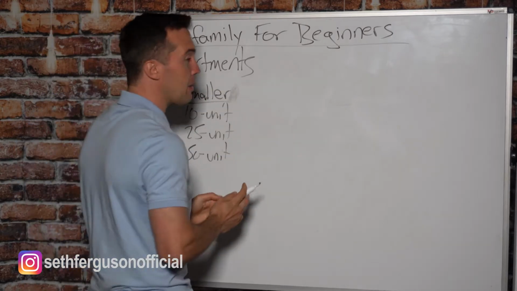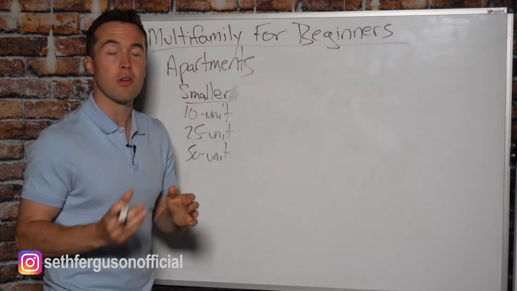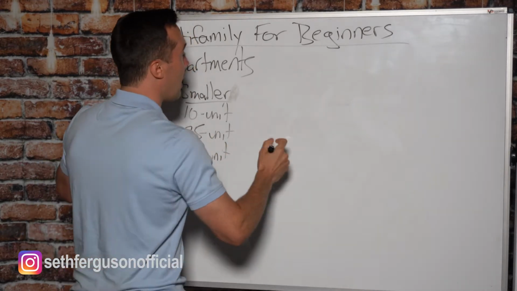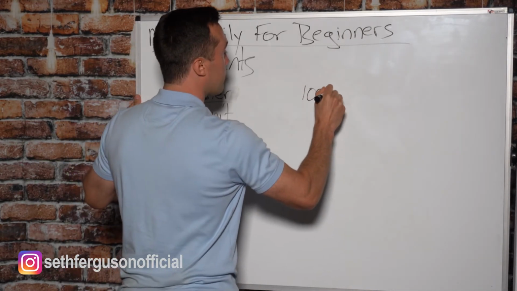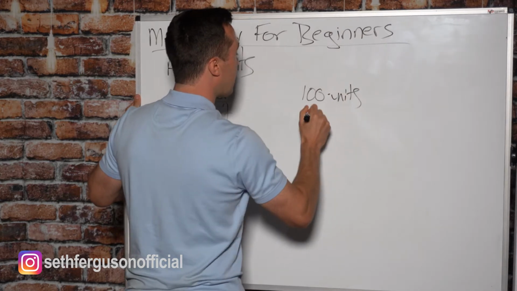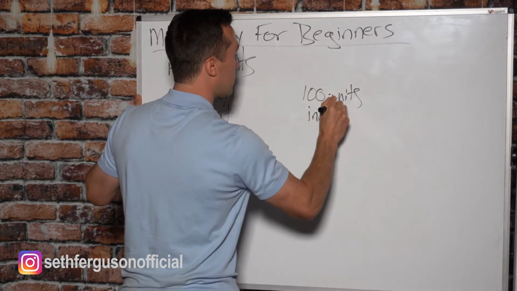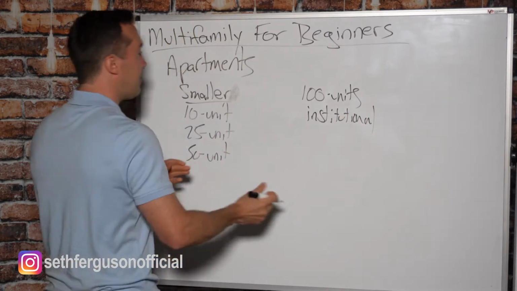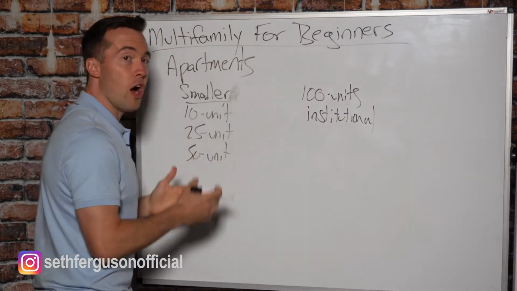And on the larger side, we typically come across something called institutional and non-institutional. Generally speaking, if you have 100 units or more, you're going to be considered an institutional grade investment or property. Anything under 100 units would be non-institutional.